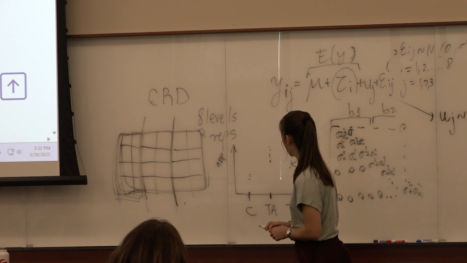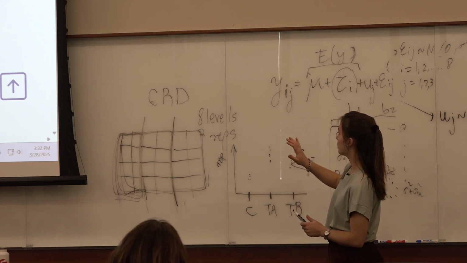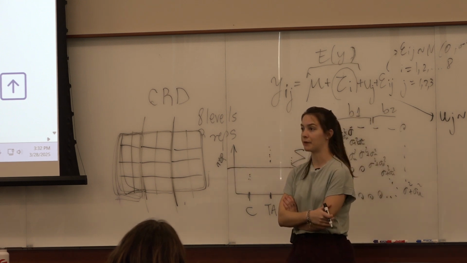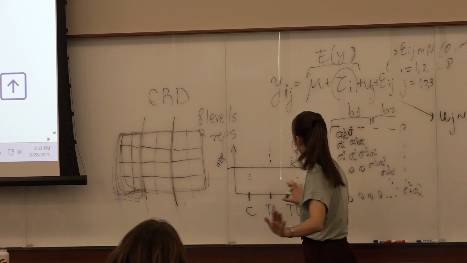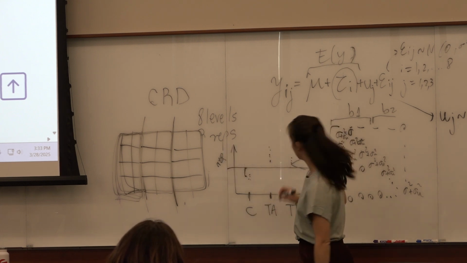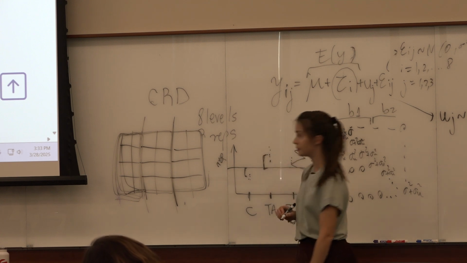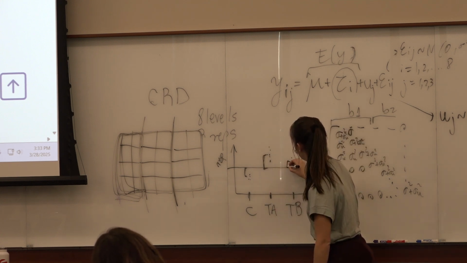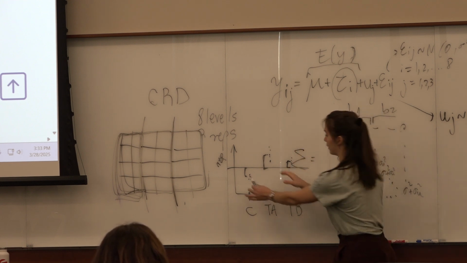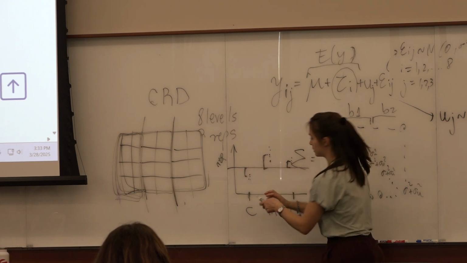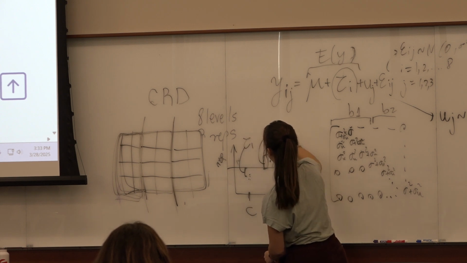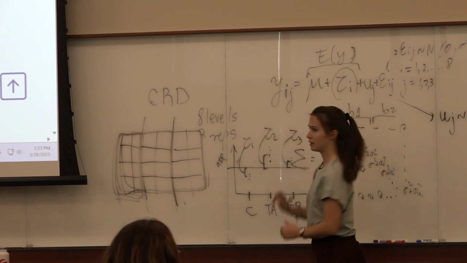The models are basically doing this: we have an overall mean, the average across all observations, and then some treatment effect for control, for treatment A, and for treatment B. Each one of these is unique, so this would be tau 1, this would be tau 2, tau 3.